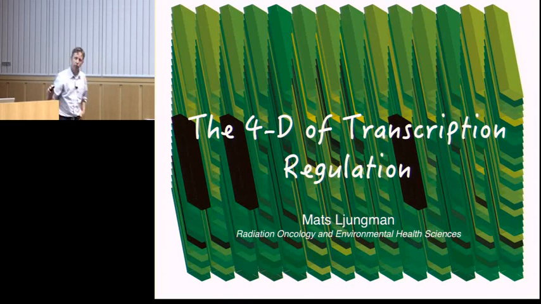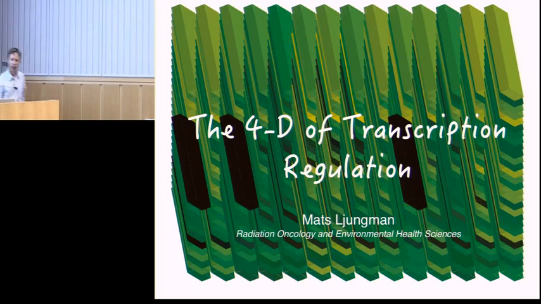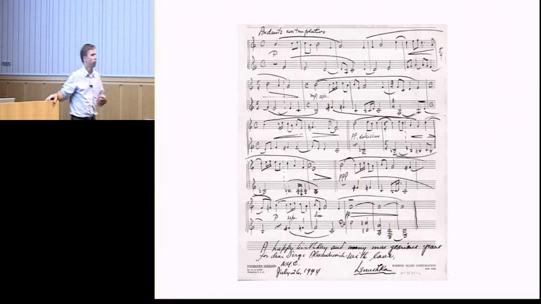Okay, so if you think of transcription, I think of it a little bit like a musical score. There's a set of instructions that needs to be read in a certain order. So you have the primary sequence, but then you have instructions for the musician on how to play, whether you play it soft or loud or fast or slow.